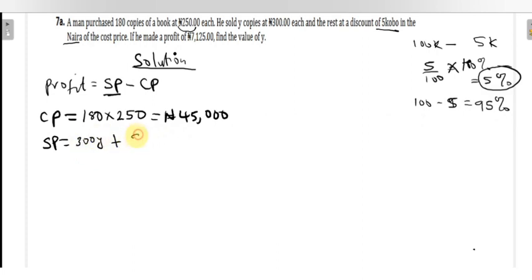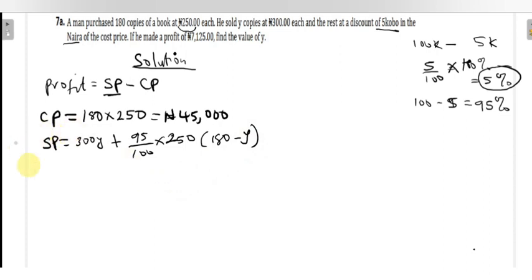That's 95 over 100 times the initial cost price, because that's what the question says, in the naira of the cost price. So the initial cost price is 250. This is the cost of one, but the cost of the remaining books will be 180 minus Y, since Y were sold at the other price, so we have 180 minus Y books left.